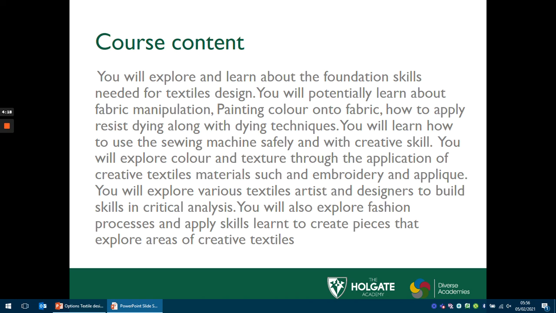You will learn how to use patterns, but you will also learn how to use the sewing machine to create very tactile surfaces that are very, very creative. You will explore colour and texture through the application of creative textiles materials such as embroidery and applique. And you will explore various textiles artists and designers to build skills in critical analysis. You will also explore fashion processes and apply skills learnt to create pieces that explore areas of creative textiles.